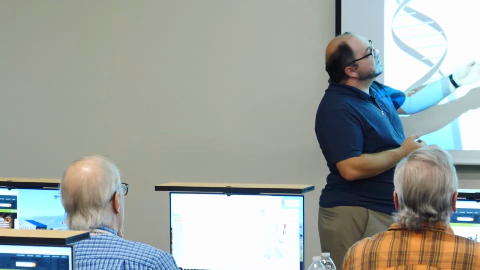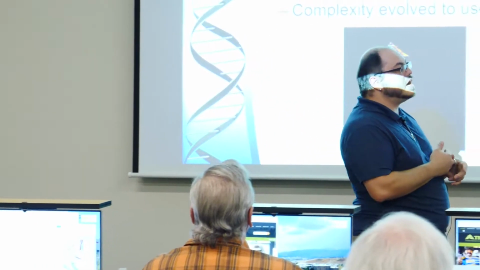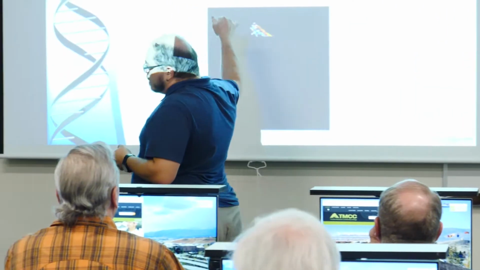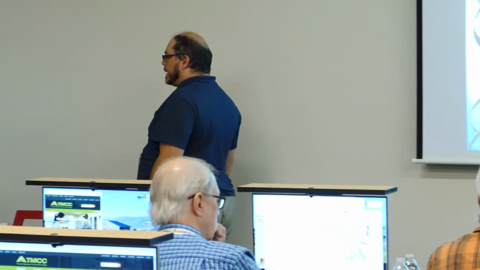So it used what we call RNA, right? RNA would have been the predominant information exchange chemical that a lot of complex life at that time would have used. And then we're talking about billions of years ago, okay? This happened a very, very long time ago. As more complex life evolved, right, then they started using DNA, okay?